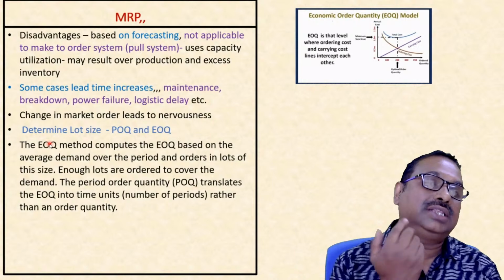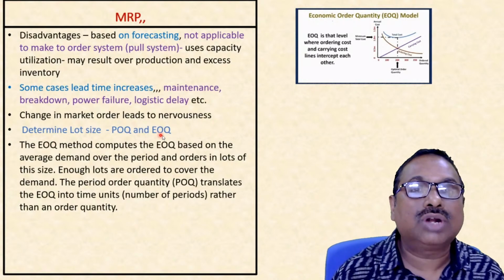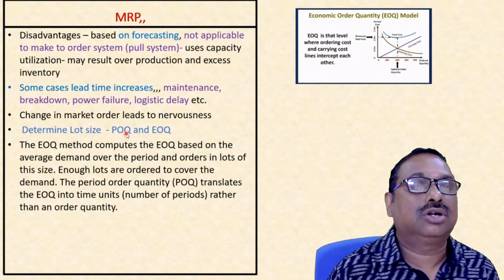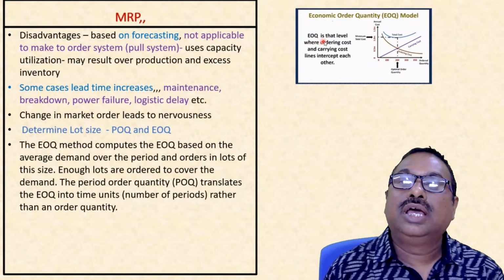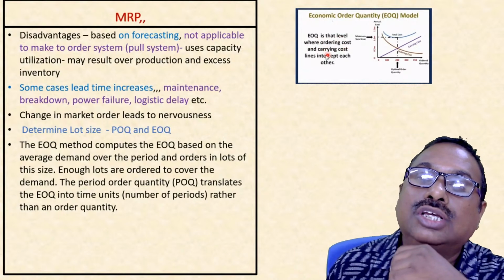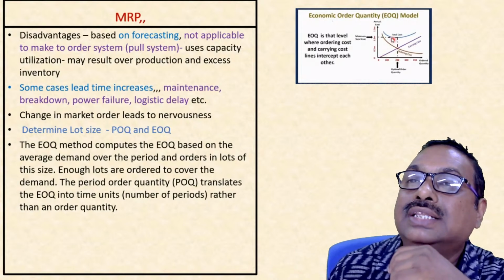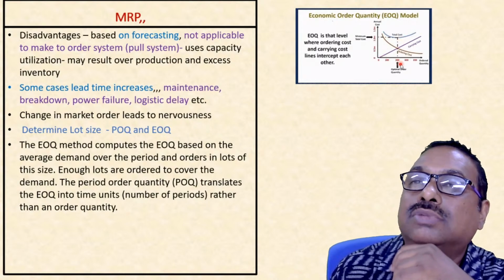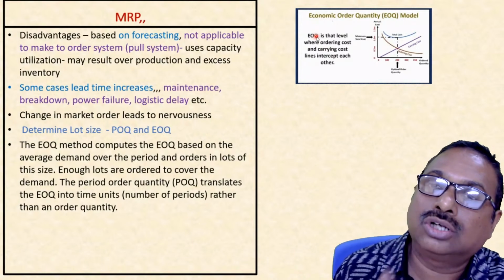So we have to determine the lot size. Lot size is one economic order quantity and another is periodic order quantity. Economic order quantity is that level where ordering cost and carrying cost are equal and the total cost is minimum. If you order in that economic order quantity, your total cost will be minimum.